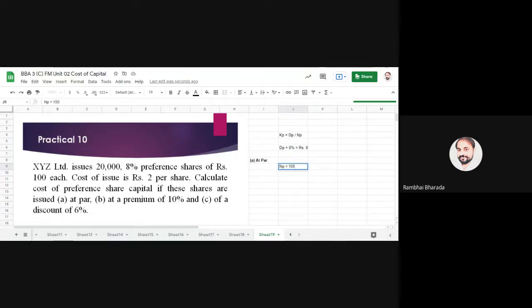At par means no premium, no discount, so nothing to deduct. And see the last one: cost of issue is rupees 2 per share, so we need to deduct it. So 100 minus 2 is equal to 98.